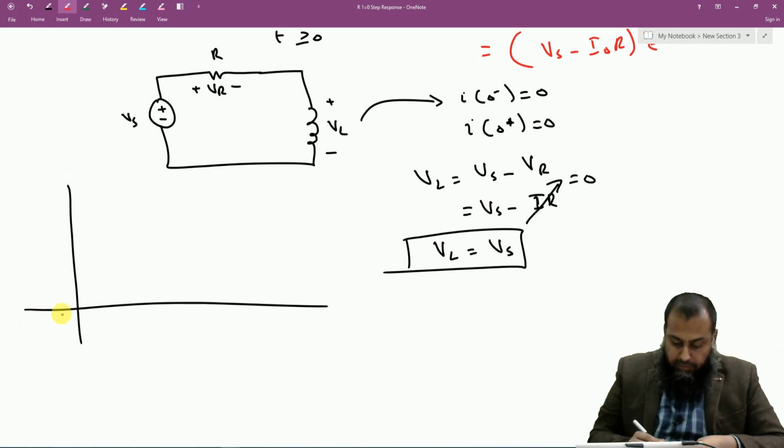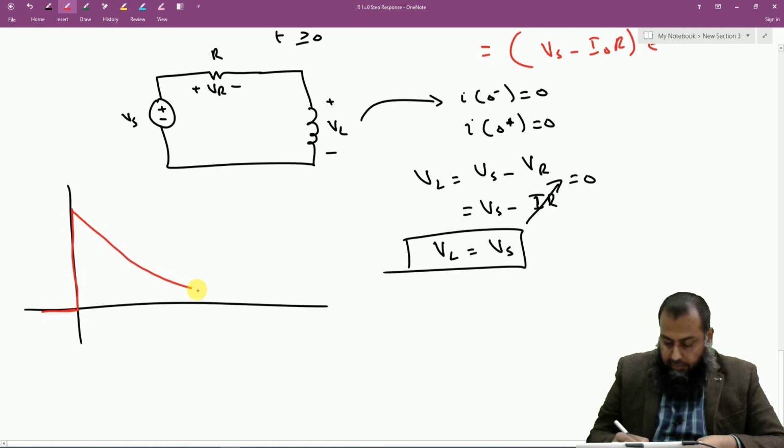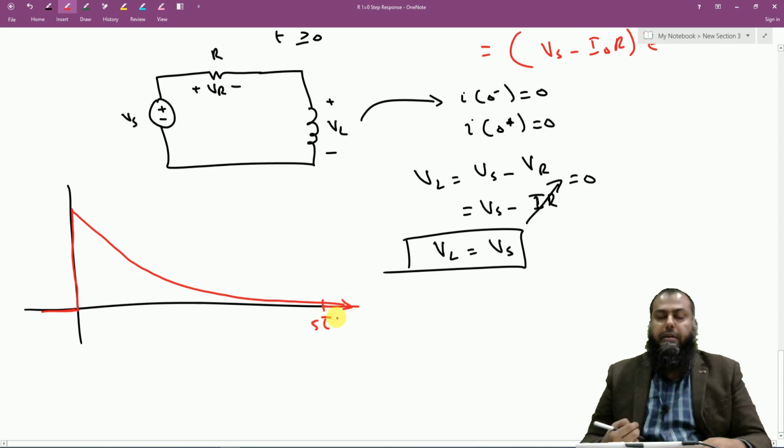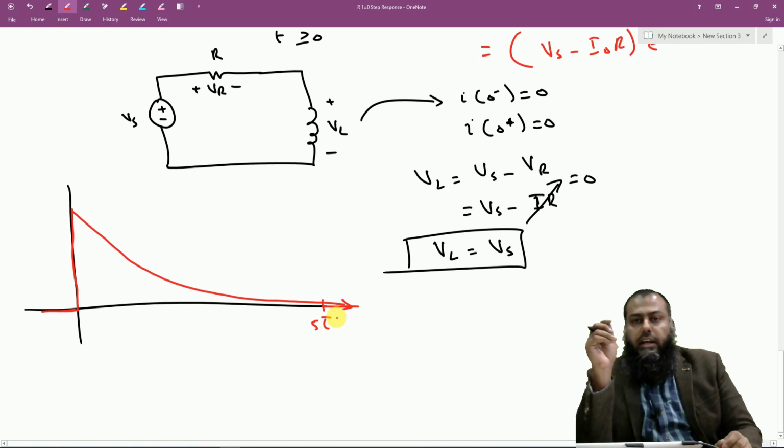We have a sudden jump here, and then this type of voltage, and at time t equal to 5 tau, the voltage across the inductor becomes equal to 0.